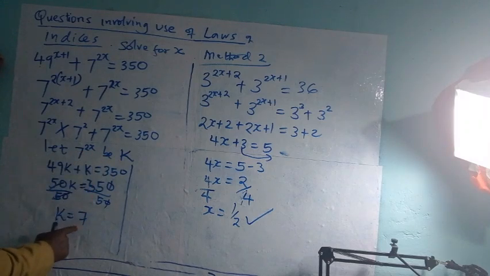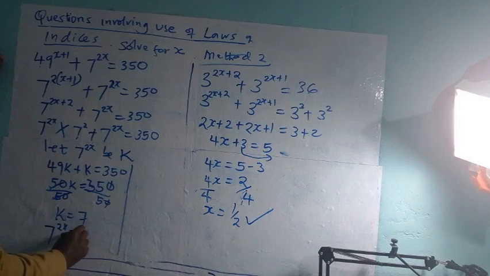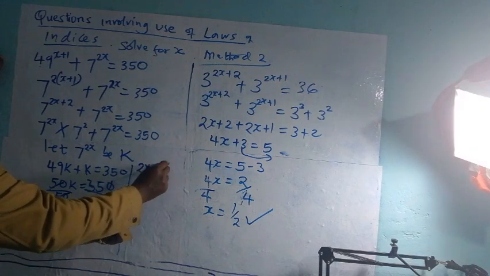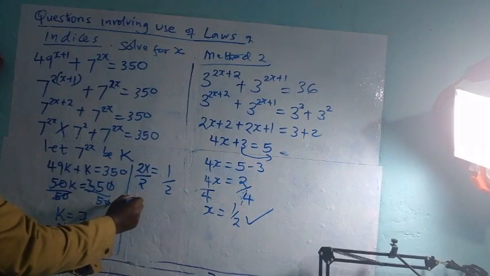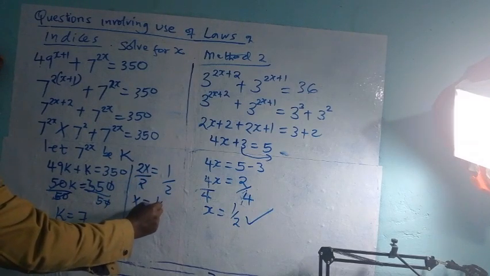So this 7 is the same as this. Any number written simply like this is simply raised to power 1. So the bases are the same, we ignore them, and it means that x equal to 1. Here x equal to 1.